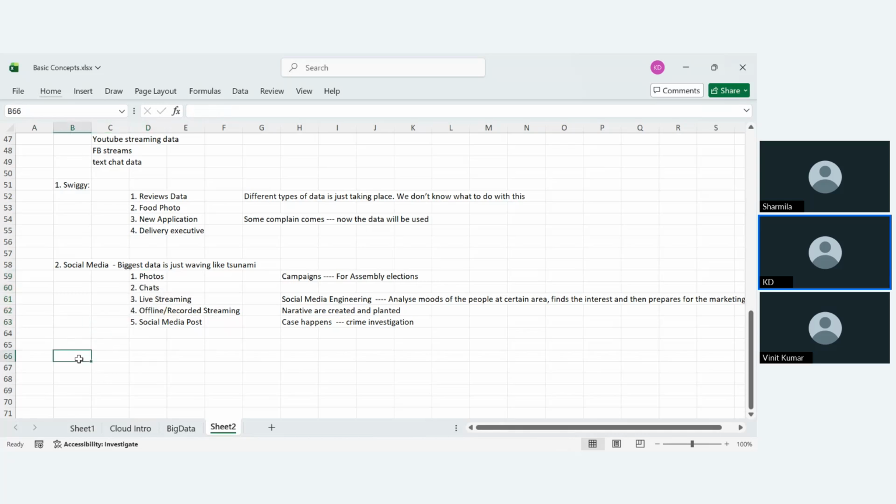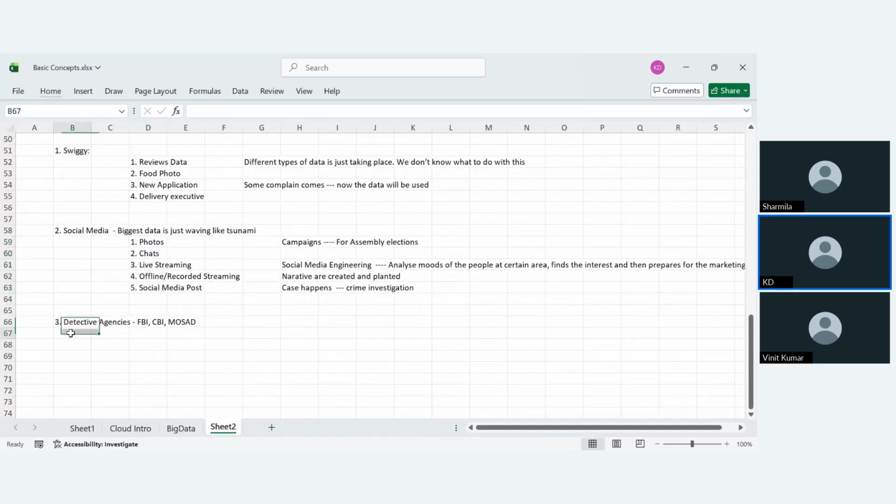Understood. In the same way, detective agencies like the FBI, CBI or Mossad are also using social media and this data, whatever you get from WhatsApp, Facebook or Instagram. Nowadays, many loan authorities have also started following this.